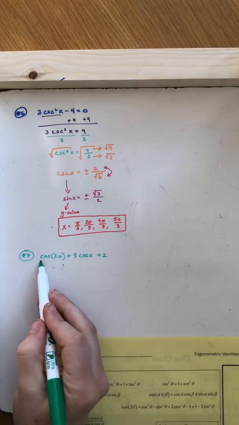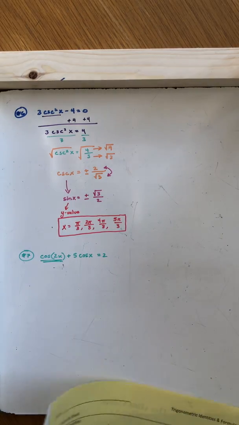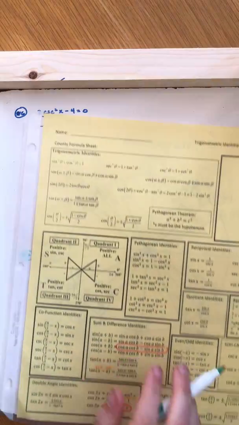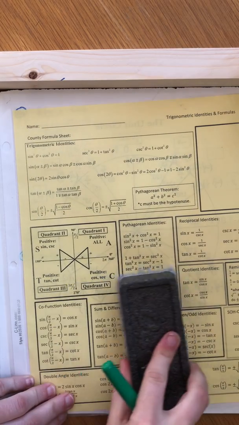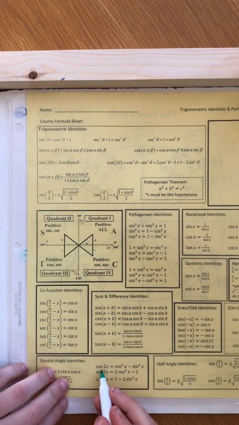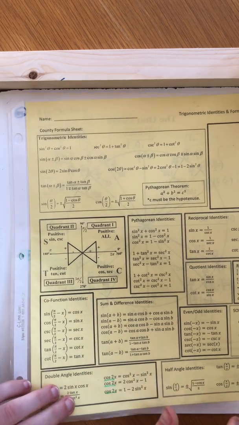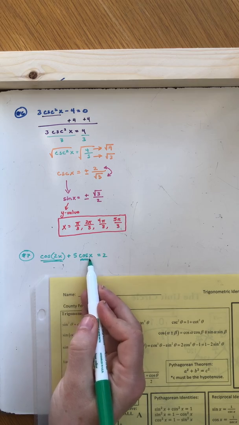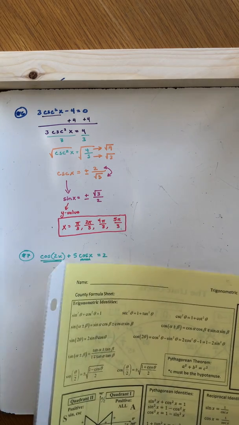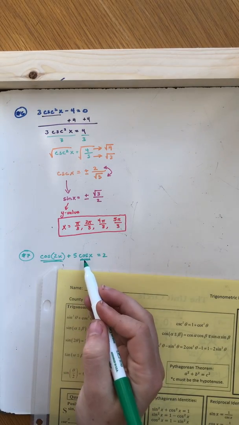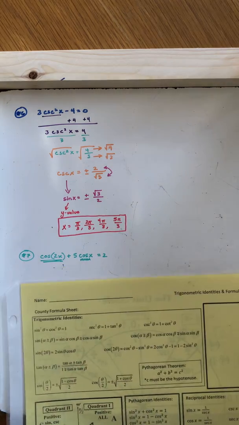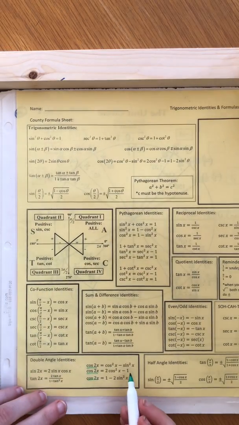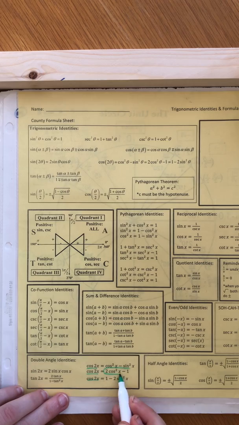I have cosine of 2x, and there are 3 that I could choose from for cosine of 2x. Now this problem, its other value is just the cosine x, so I'm looking for the double angle formula that only contains cosine. So that's going to be the second one here.